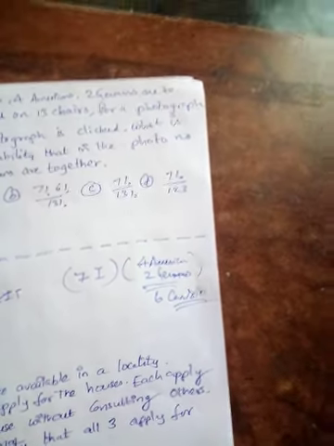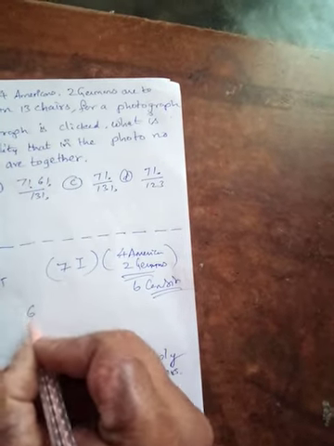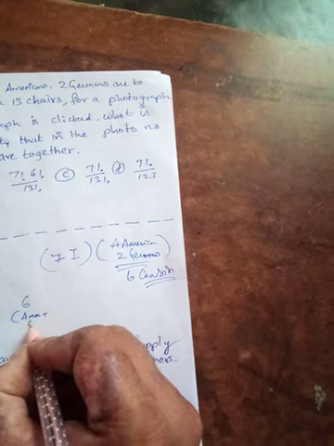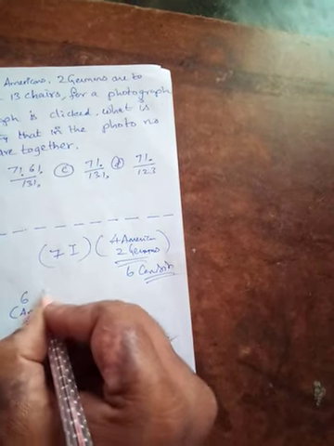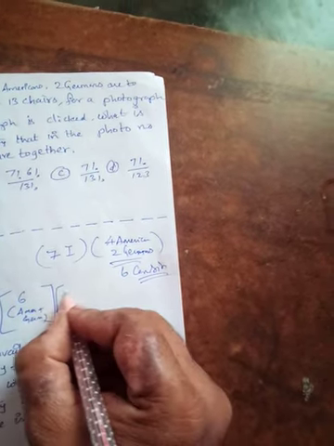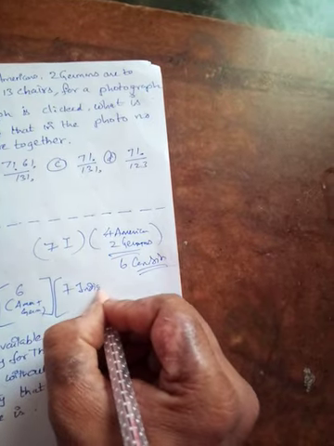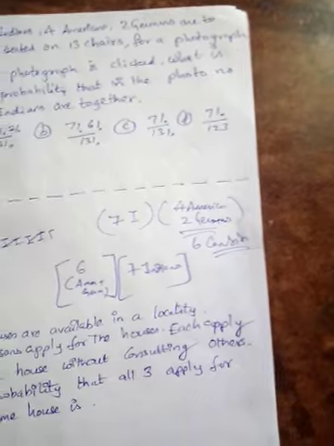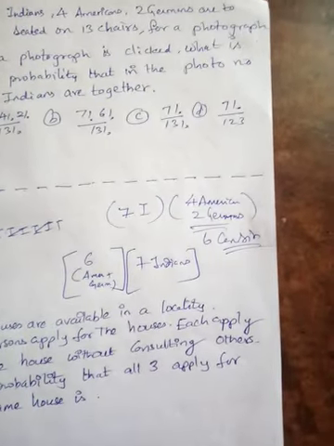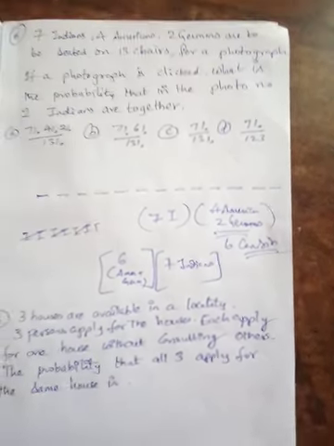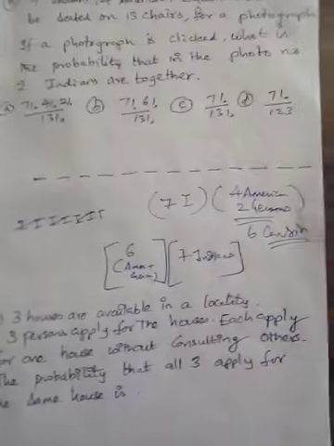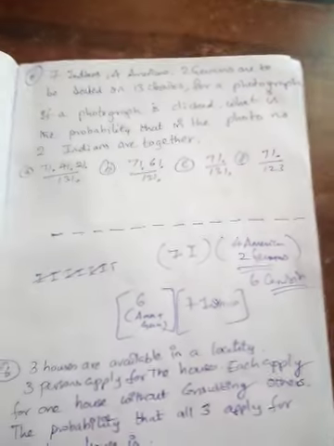Only Indians cannot sit together. So the 6 Americans plus Germans are 1 unit, and 7 Indians are another unit. So Germans and Americans can sit together, only Indians cannot, so Indians will definitely sit alternately.